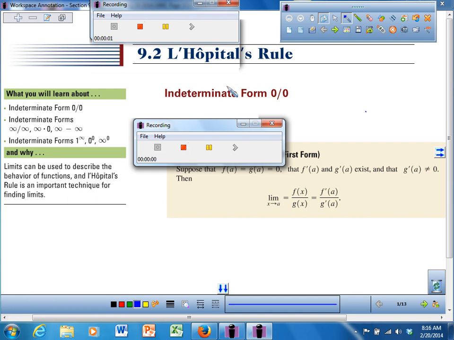All right, so we can use L'Hopital's rule when we have one function over another function. That is the first thing I want you to write in your notes. L'Hopital's rule applies when we have one function over another function.